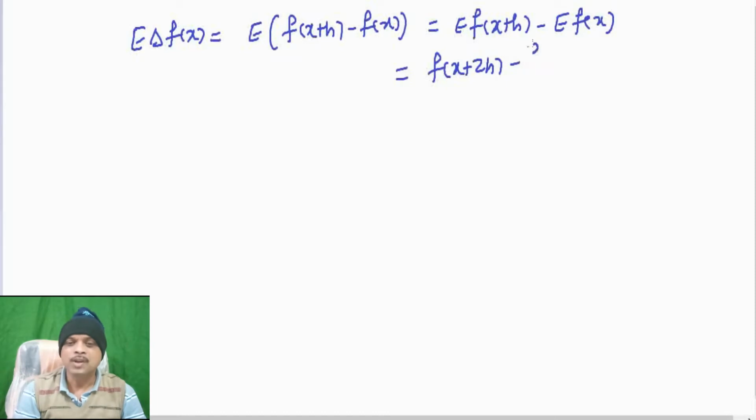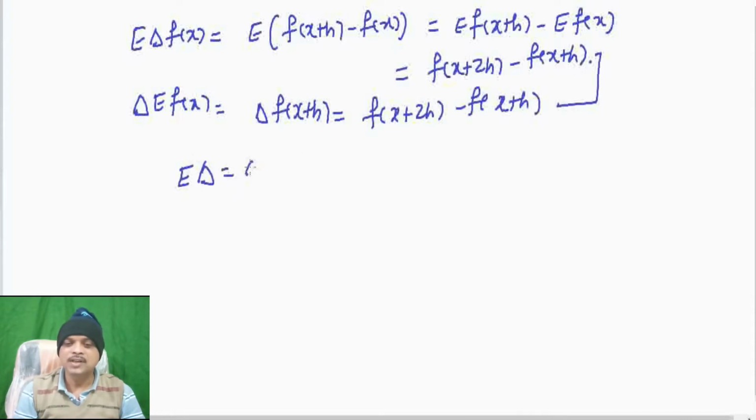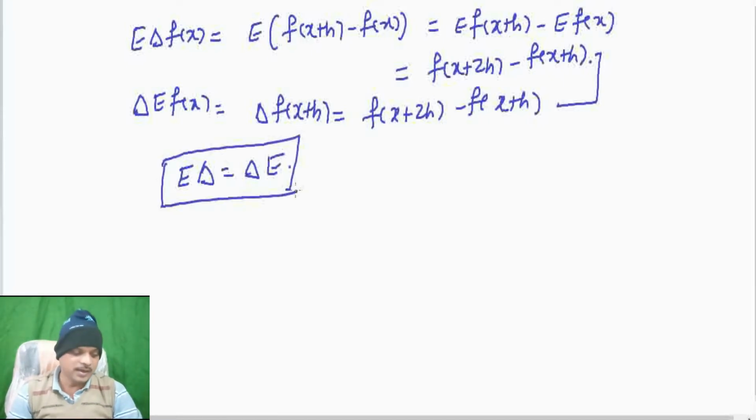Okay, now delta E of f of x equal to delta of f of x plus h, which by definition is f of x plus 2h minus f of x plus h. See the right side of both the results, and from this we have E into delta equal to delta into E. So there is a commutative property for these E and delta operators.